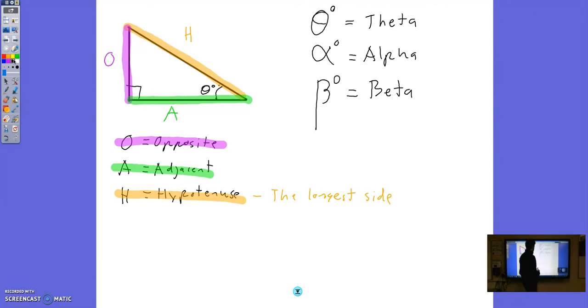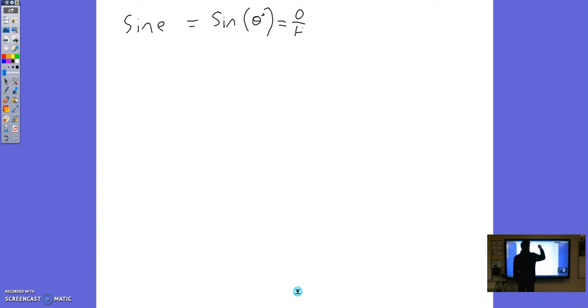okay, we're going to start looking at our trigonometric functions, okay, and our ratios. So, moving on, we have 3. The first one is called sine. Okay, it is abbreviated to sin, S-I-N, and the ratio is that sine of theta degrees will give us a ratio of opposite over hypotenuse.